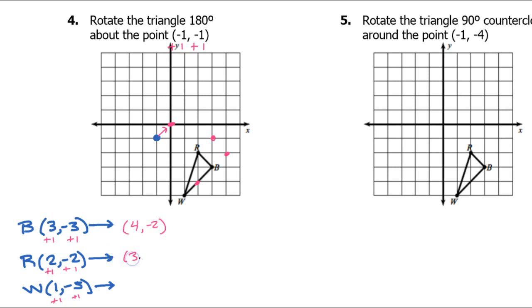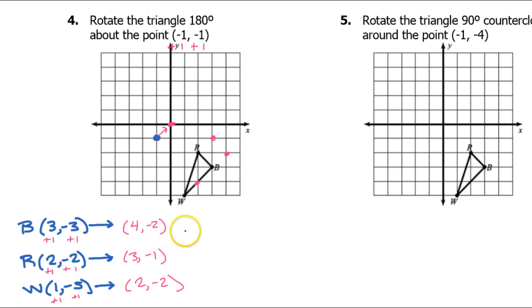And 3, -1, and 2, -2. All right? So, I have canceled out the center. I've moved it to the origin. And I've done the same thing to all of the points.